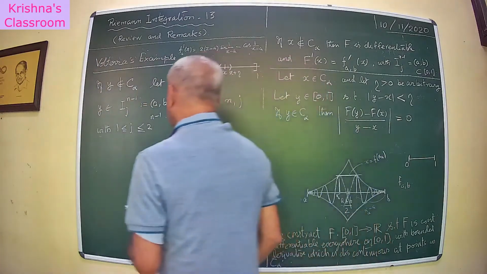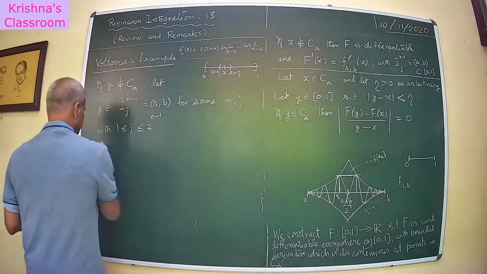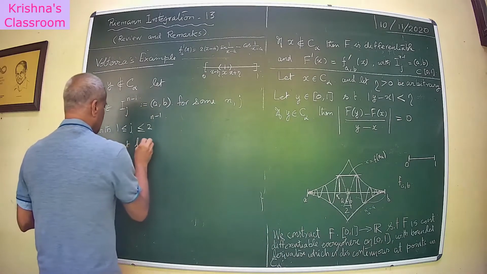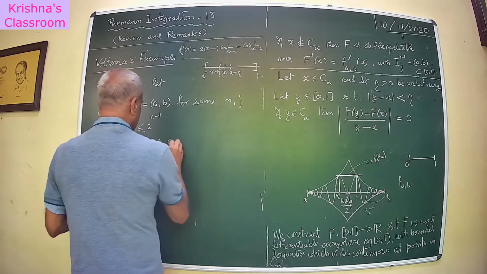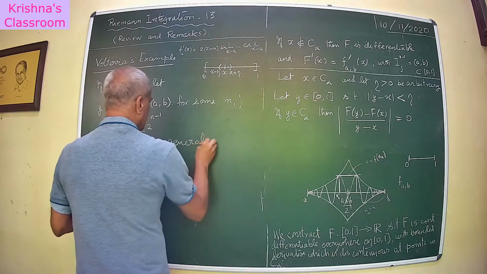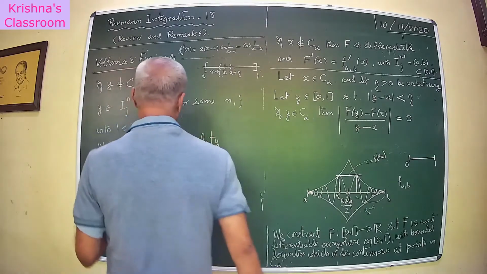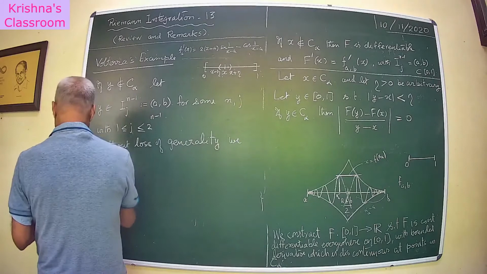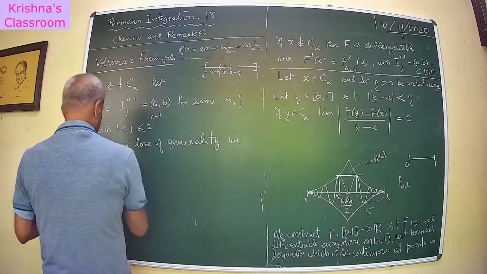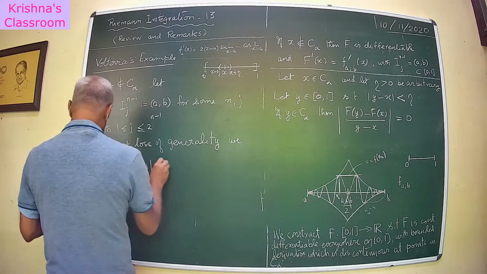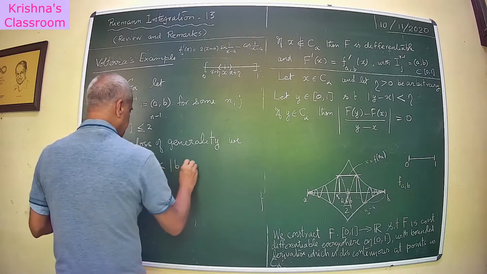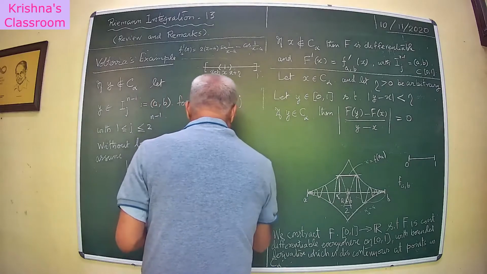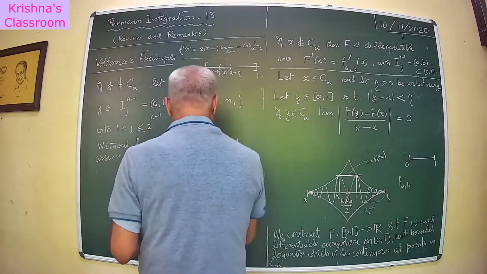So without loss of generality, we assume mod a minus x is less than mod b minus x. What does it mean? It means the following. Suppose x is here, x is in C alpha.